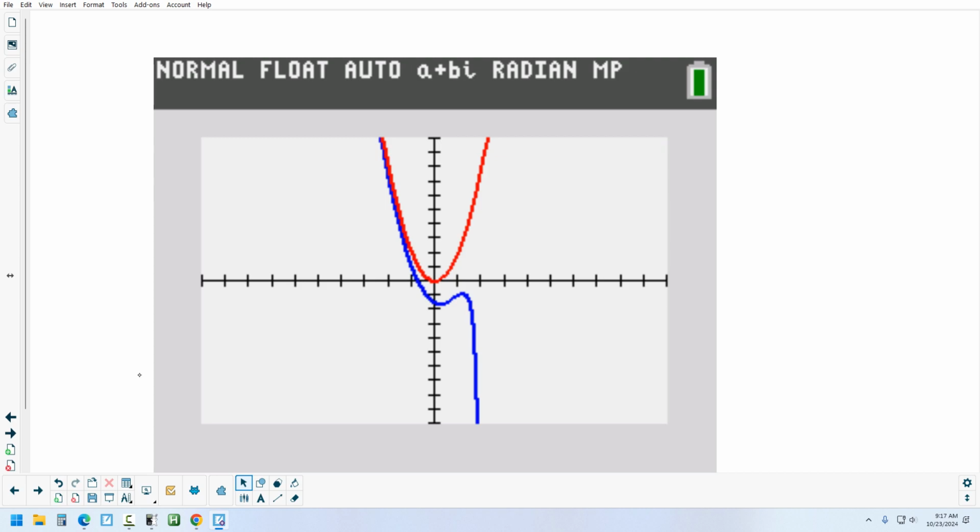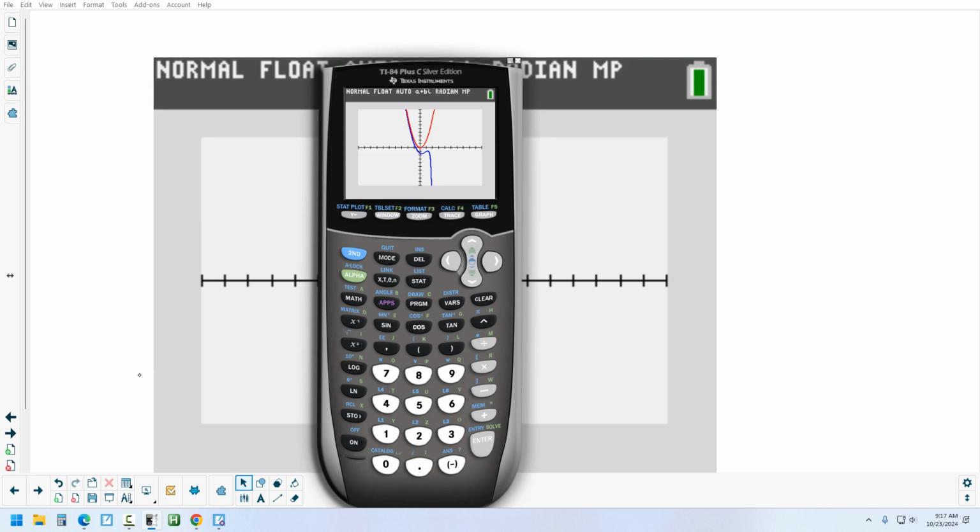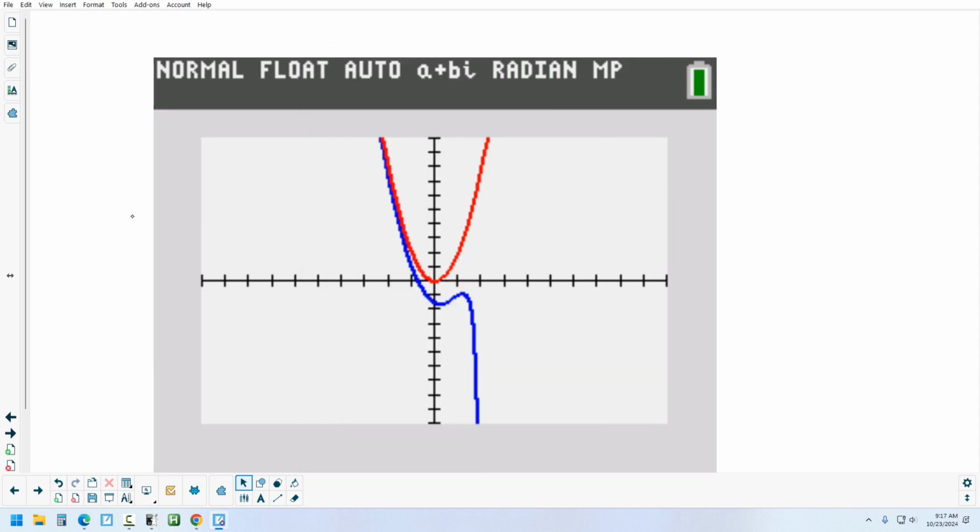They're getting closer. Remember, that red one should be dotted. The red one is the asymptote. The blue one is the real picture. So the blue one is getting closer and closer to the red one. Now, the red one continues up.